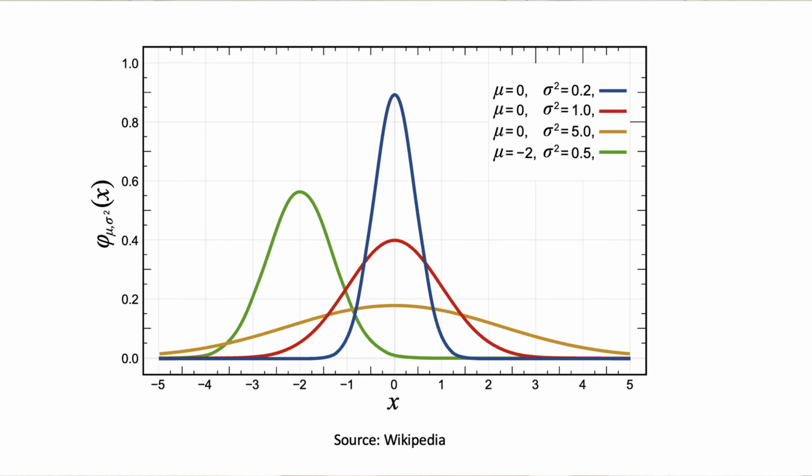Here I'm going to talk about four important probability distributions that any kind of analyst needs to know. The first one, which is very easy and most probably you know, is the normal distribution.